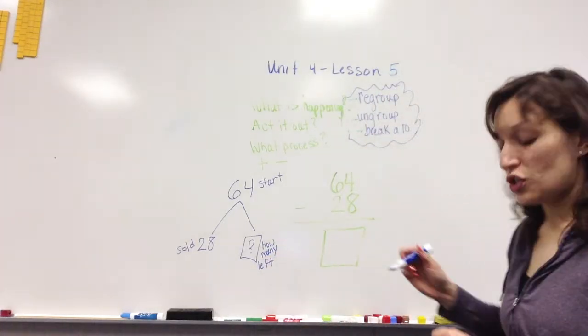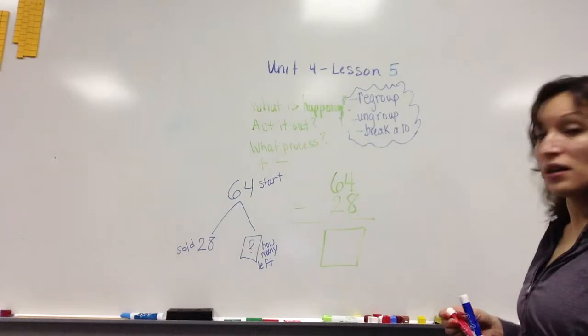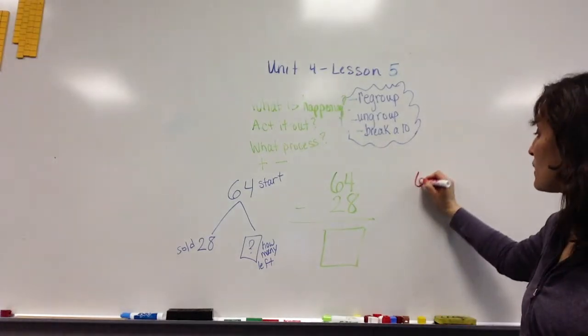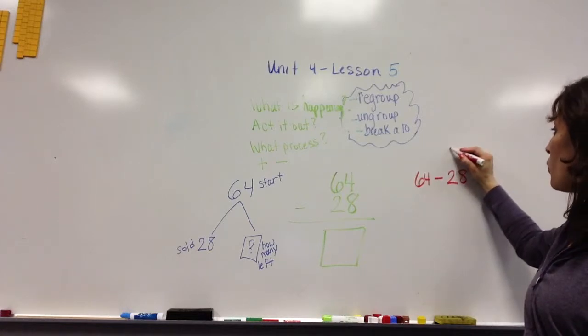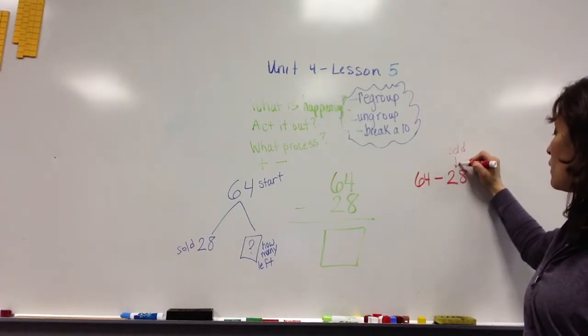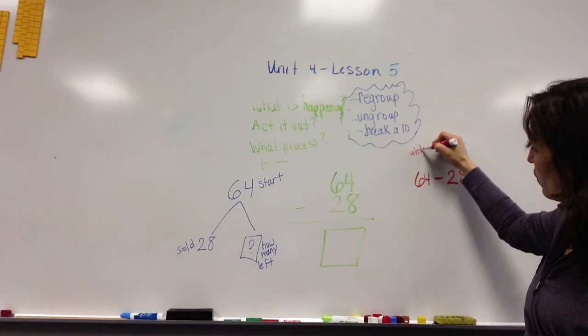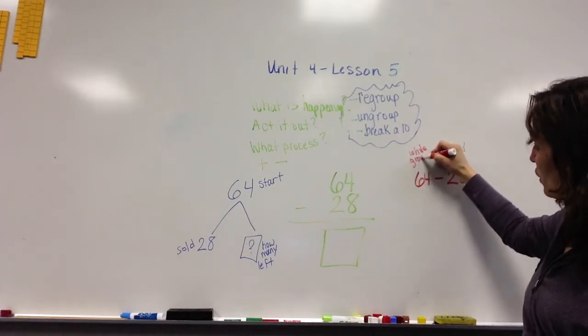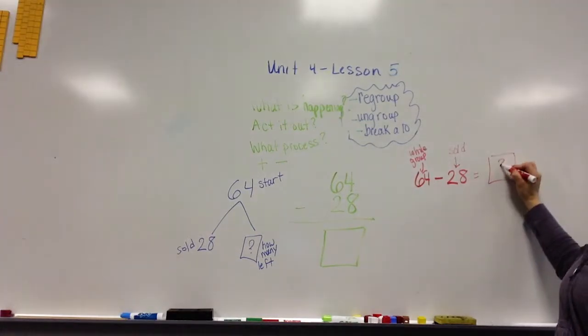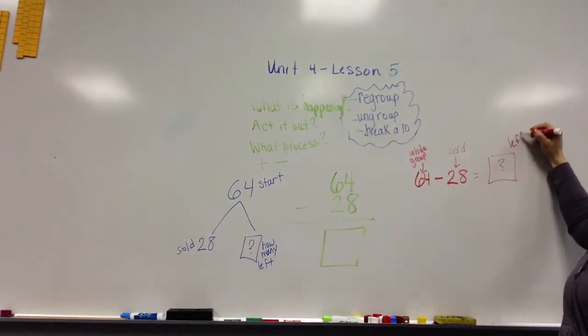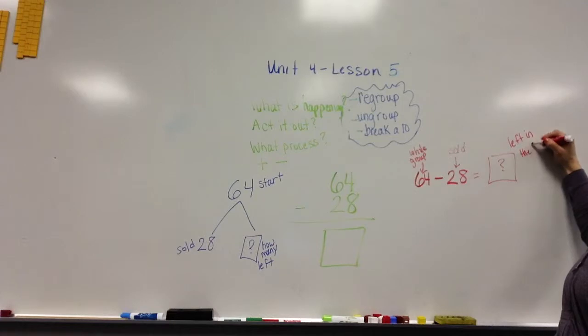Another way to show the same exact word problem would be to say we had 64. We took 28 out. We sold them. This was our whole group of tomatoes. We sold this many. How many were left in the basket?